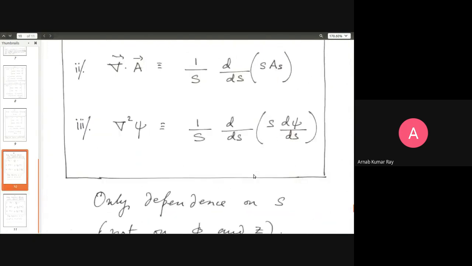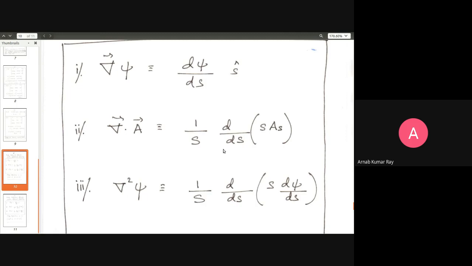If you were to work with the Cartesian system, it will be like 1 upon x raised to 0, d/dx of x raised to 0, A_x. Similarly, 1 upon x raised to 0, d/dx of x raised to 0, d psi/dx. And x raised to 0 will be equal to 1.